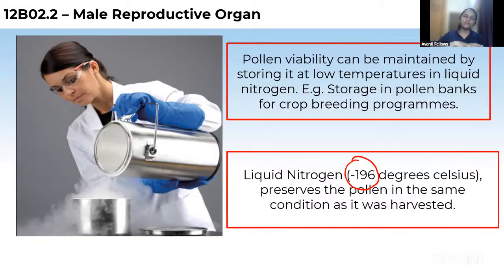If they pour the liquid nitrogen on it, it will become very hard, which means it has been stored at a very low temperature. Just remember the temperature, that is minus 196 degrees.